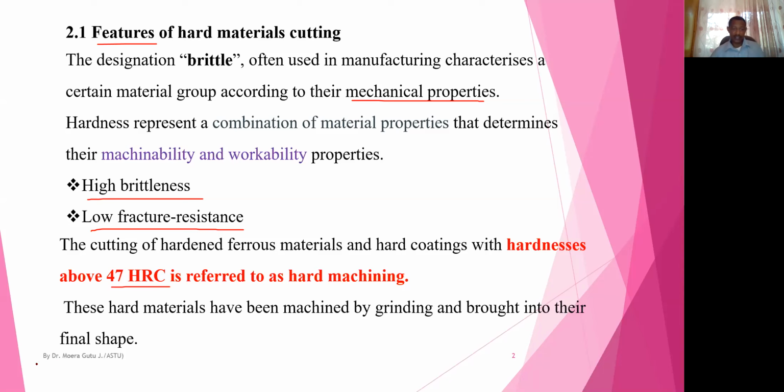These hard materials can be machined by conventional methods like grinding, milling, turning, or the diamond turning process. Otherwise, we can also machine these hard materials using non-conventional machining techniques, which we will see later in chapter 5.